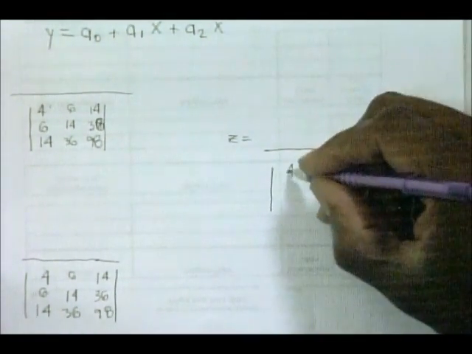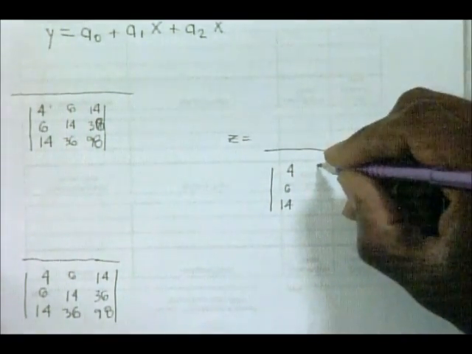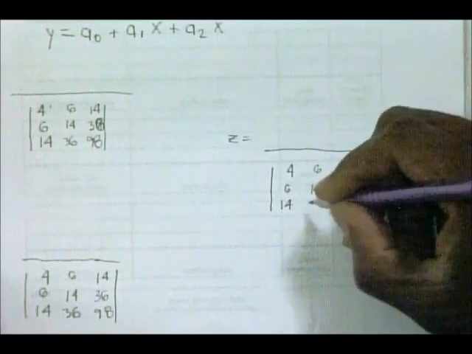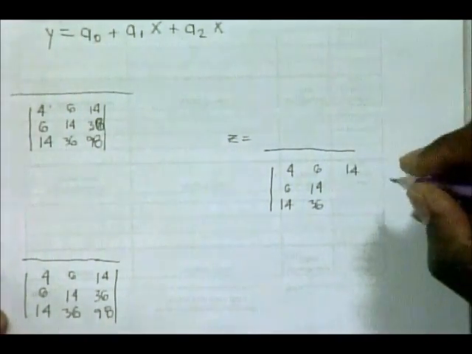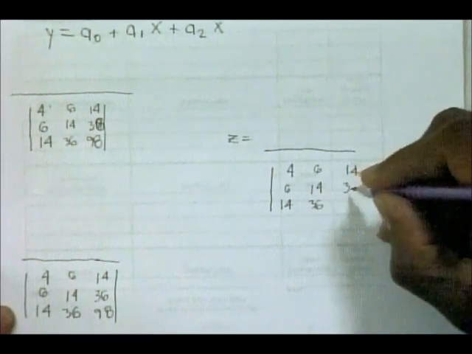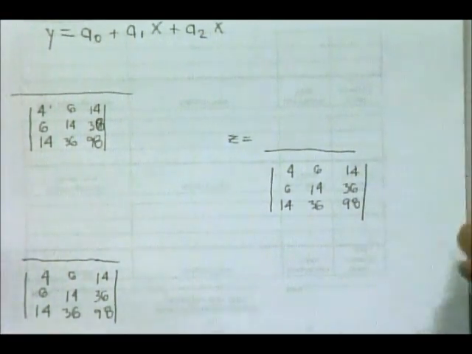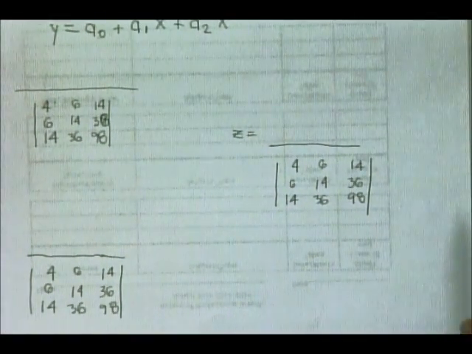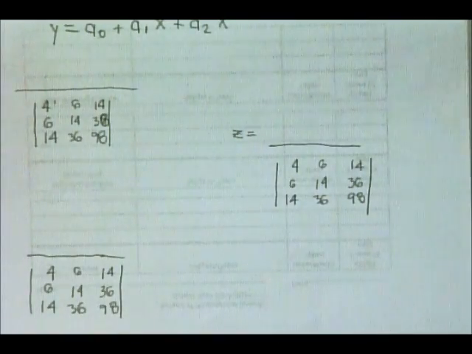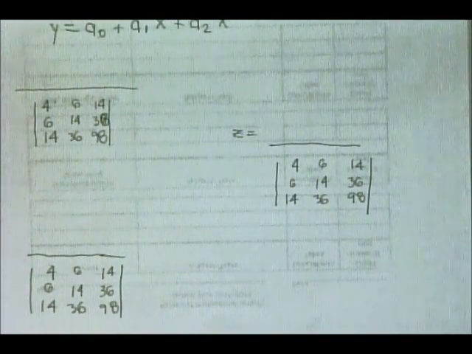So you'd have 4, 6, 14, 6, 14, 36, 14, 36, and 98. You would need to find the determinant of that matrix, and it would take some time for us to do that.